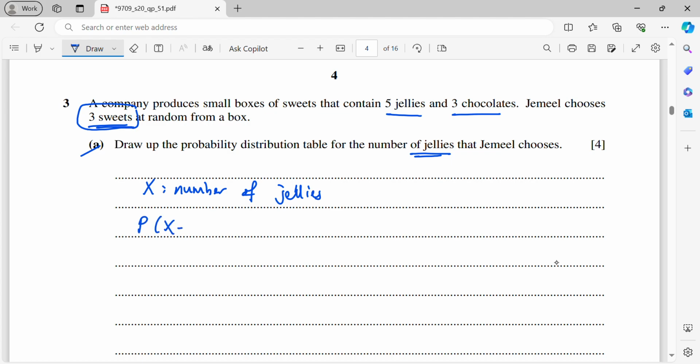When P(X = 0) means no jelly, therefore it will be 3 chocolates. So let C be chocolate and J be jellies.